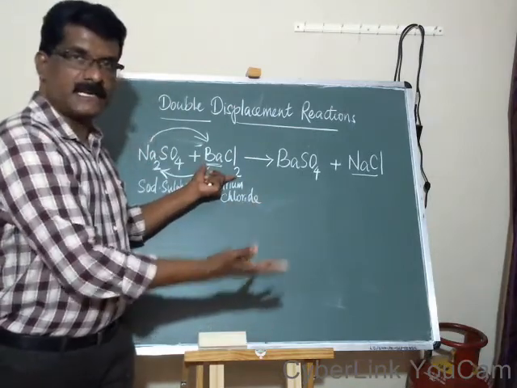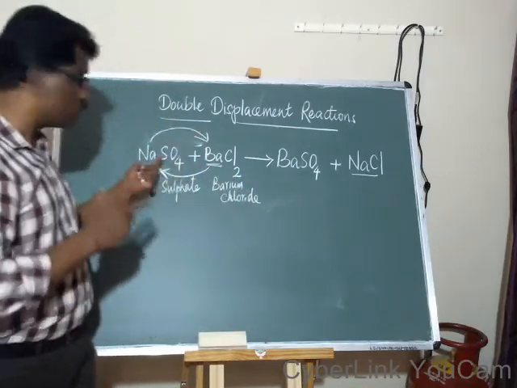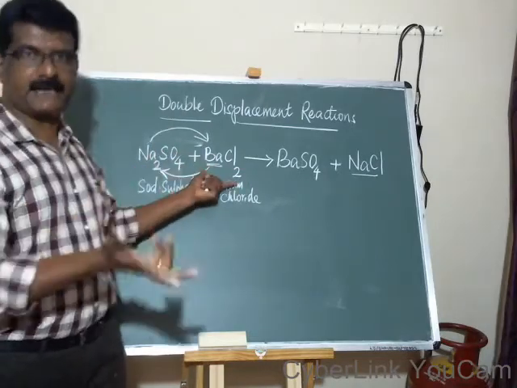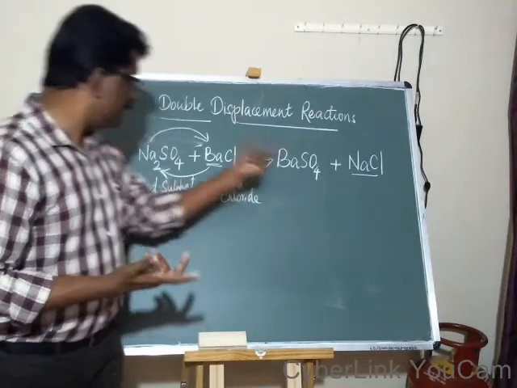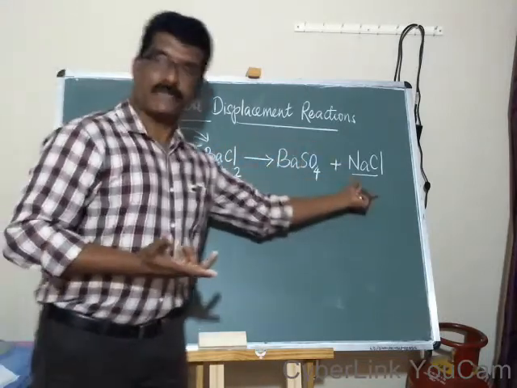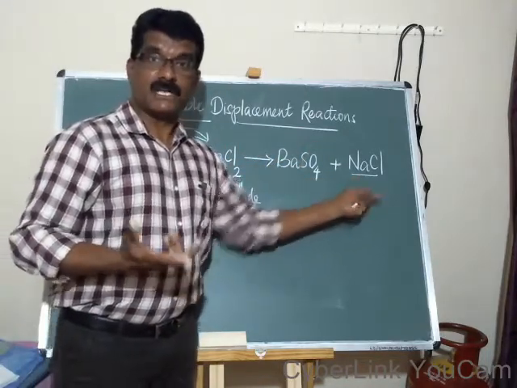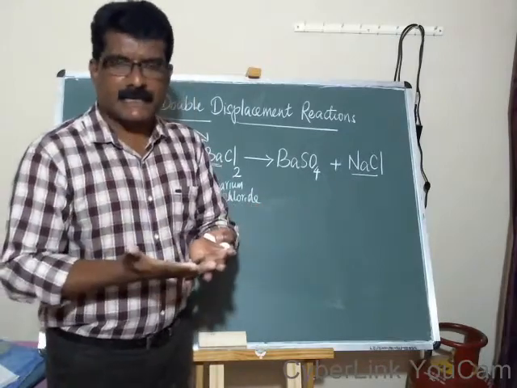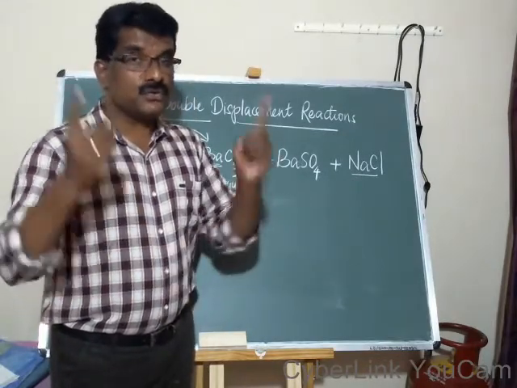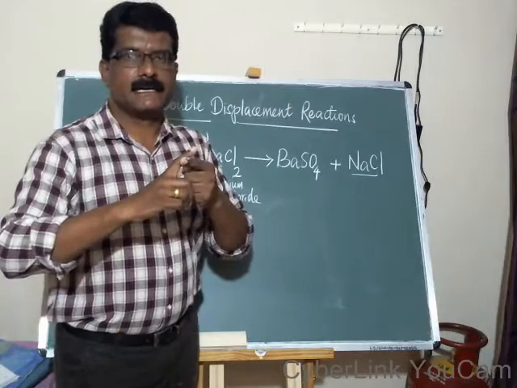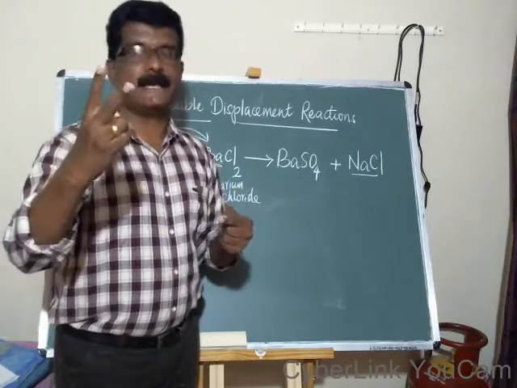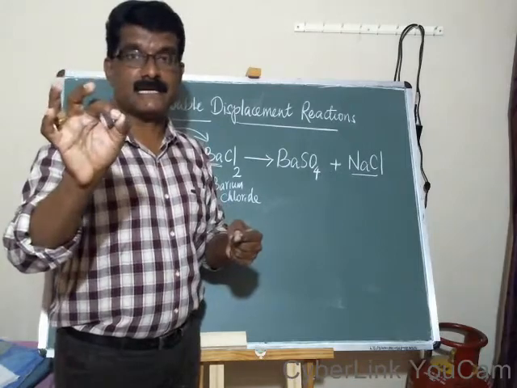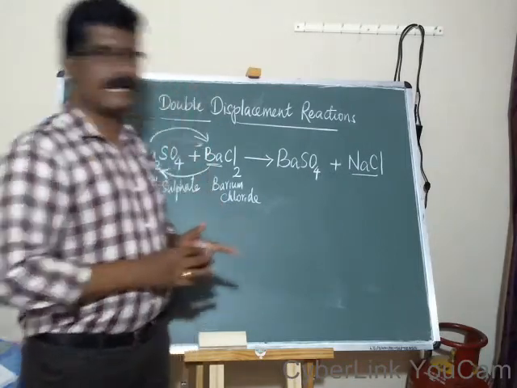The exchange took place between sodium ion and barium ion. Are you clear? A chemical reaction in which two salts react and there is exchange between two ions is known as double displacement reaction.